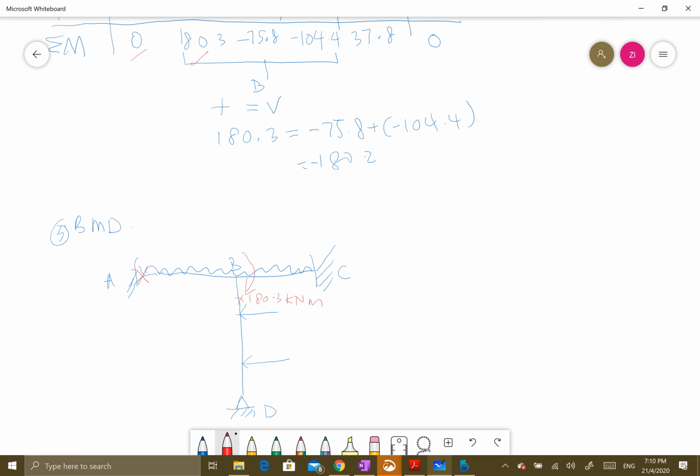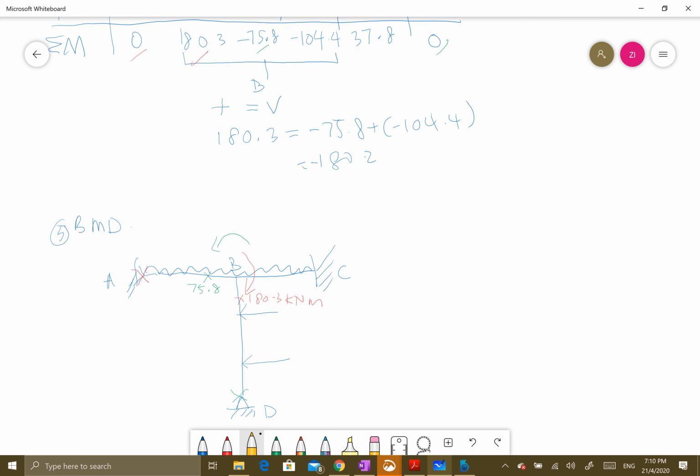Okay, so I want to plot first. So now this is BD. So BD is negative. Alright, and this is DB, which is 0. So this is also correct, because this is a pin.